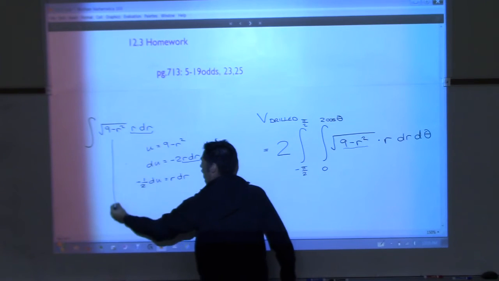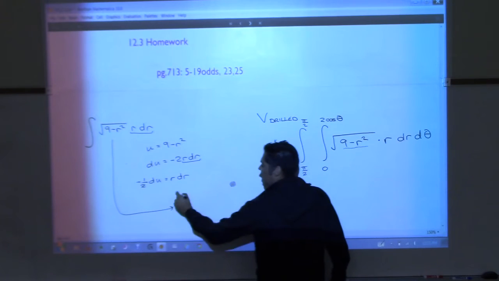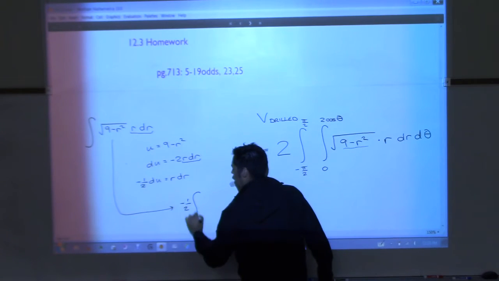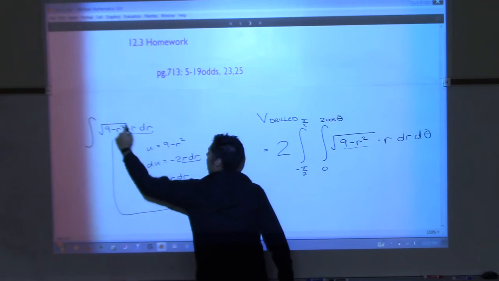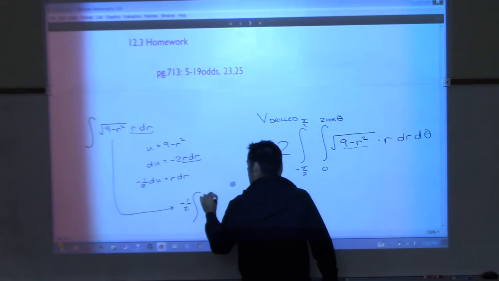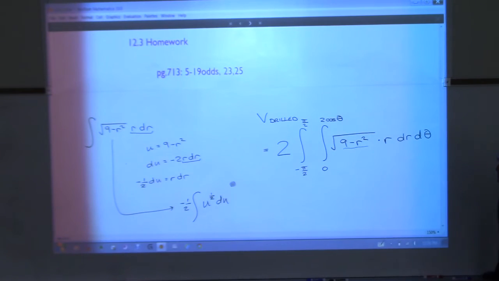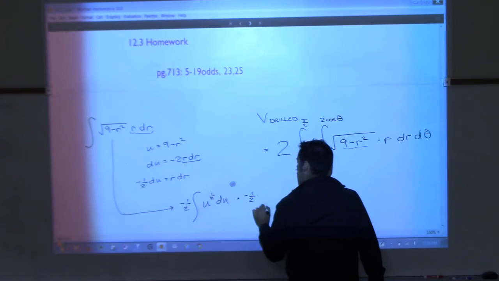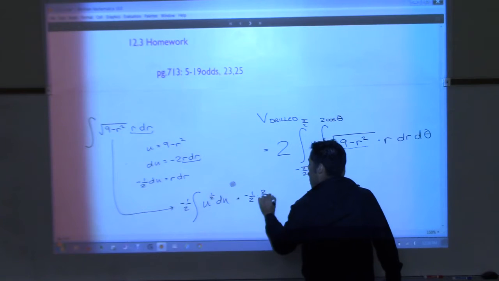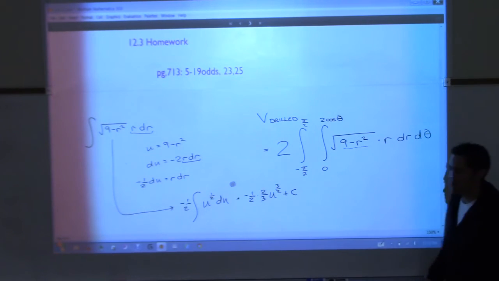So this integral, when I rewrite it, becomes what? Negative 1/2 comes out, integral of square root of u, right? Because this is going to be the square root of my substitution. So I'm going to write that u to the half du. And now do your integration. Negative 1/2 and then 2/3 here, u to the 3/2, plus some constant of integration.